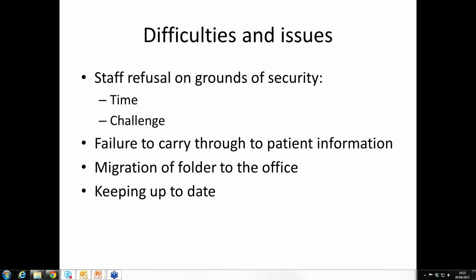So like everything else, if you want this to function well, it's got to be maintained. It's got to look good. It's got to look as if we, the staff team, value this as an intervention and as an information sharing exercise. Is there any difficulty or issue with Know Each Other that I have not covered in this slide?